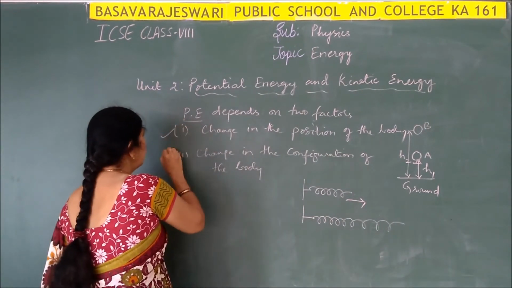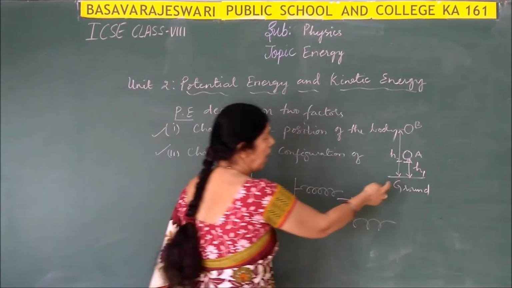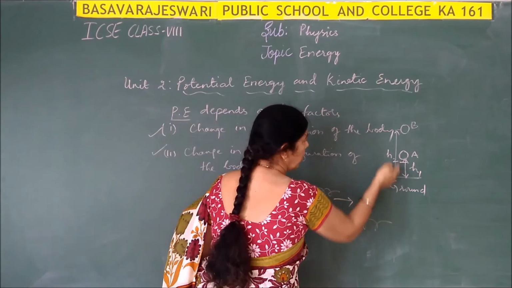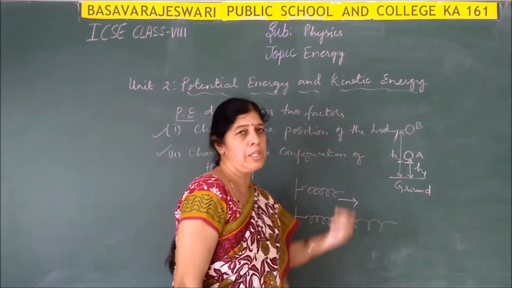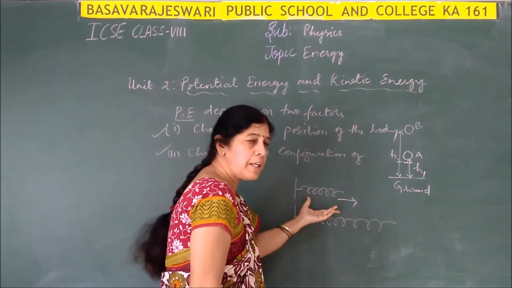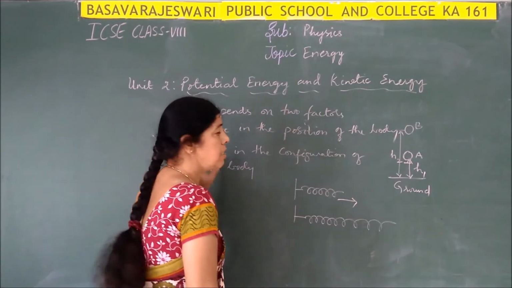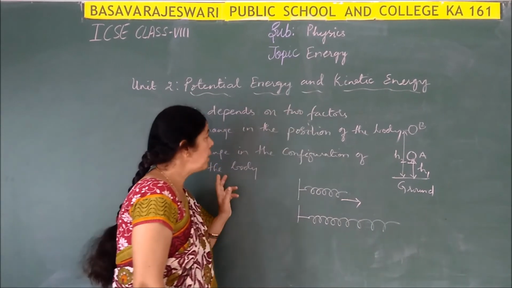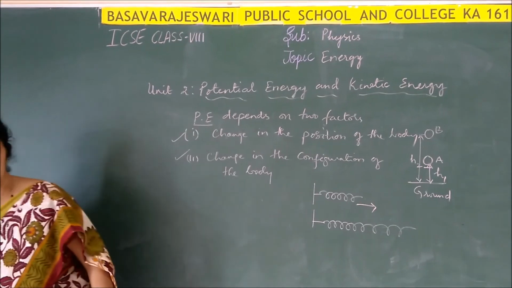So these are the two factors on which potential energy depends. Remember here, as the height increases, the potential energy also increases. So when the height changes, the potential energy changes. When the configuration changes, then also the potential energy will change. So this is about potential energy. Now let us come to the mathematical expression for potential energy.